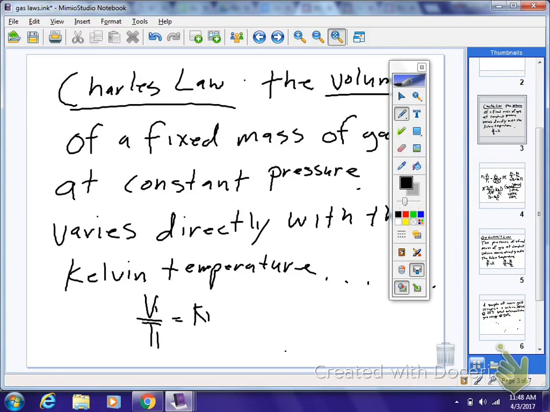Constant means that value is going to stay the same no matter what you change the temperature to. The volume will change with it, and then by taking the V over T, you get a constant. So then we'll also take V2 over T2, and we'll get a second constant. How does K1 and K2 compare?